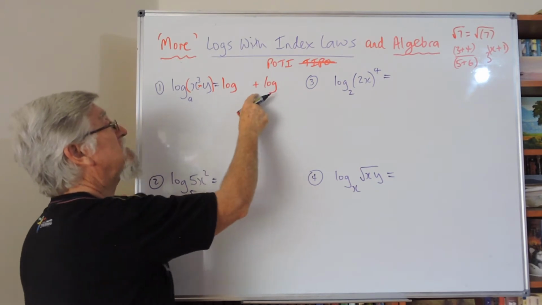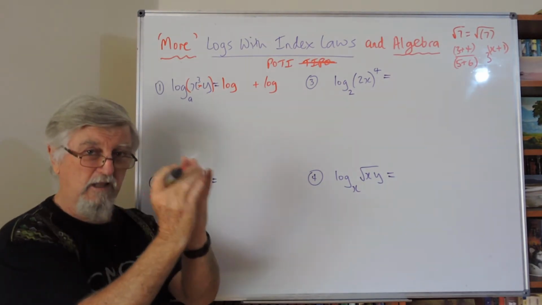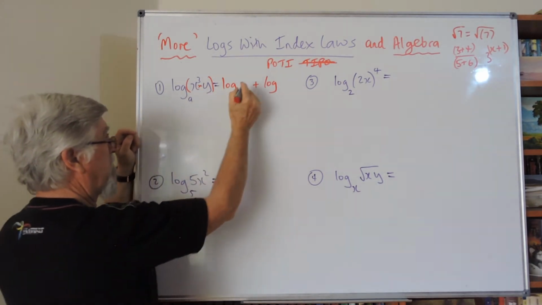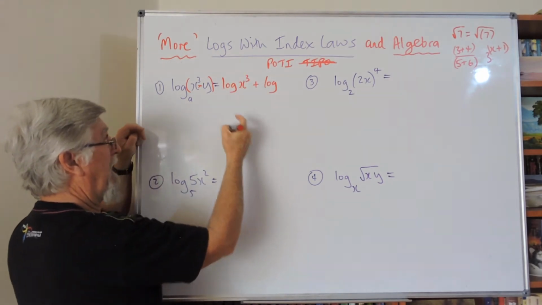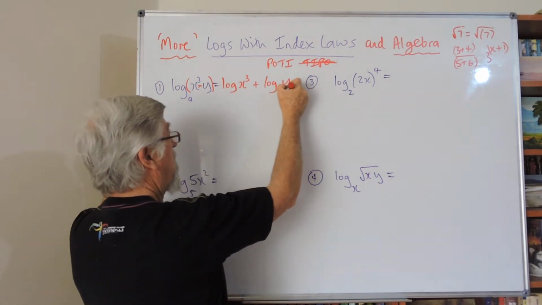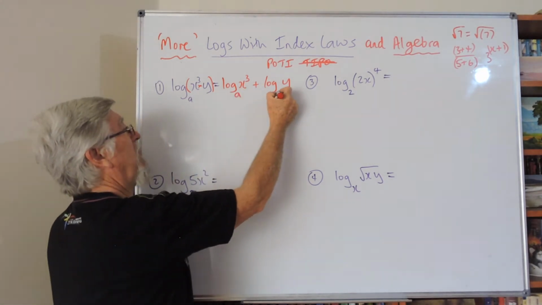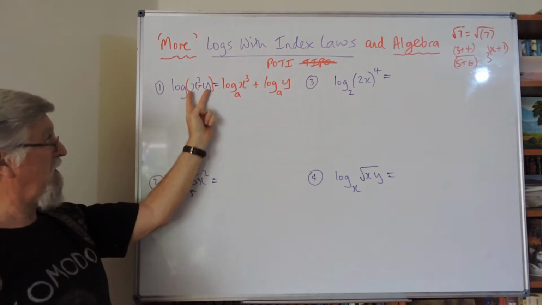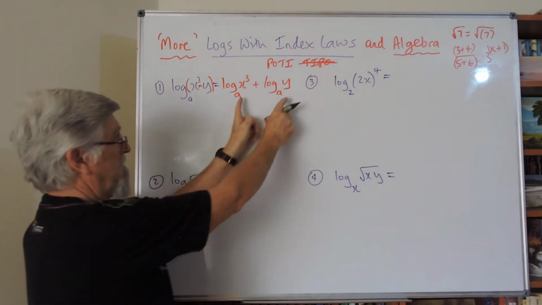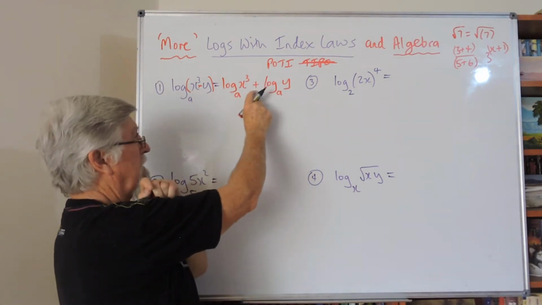So there's my plus. It's not contained within the bracket of the logs. So the first bracket would be an x cubed, and the second bracket would be a y. If we started with a base of a, it remains the base of a. So all we've done is divide those two sections out and put a plus in between.